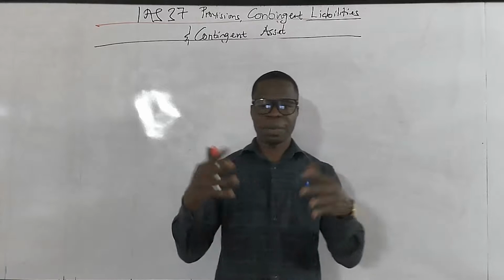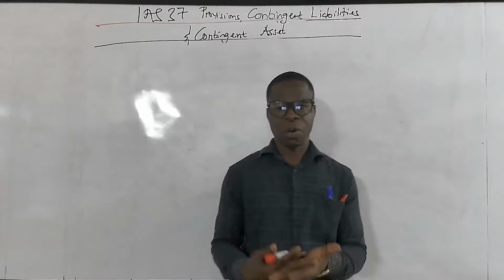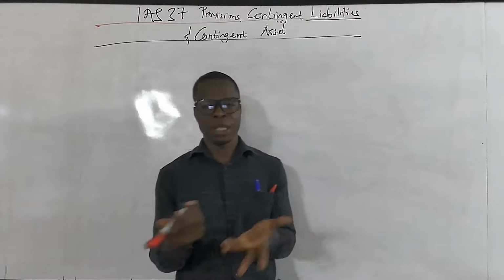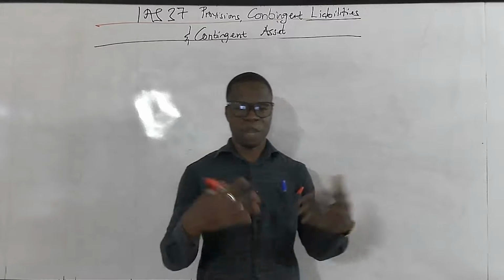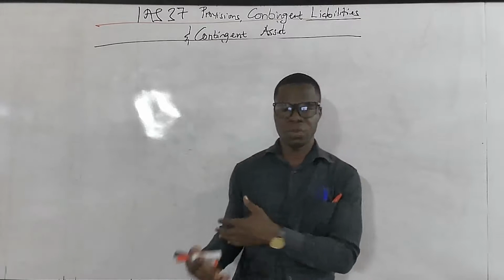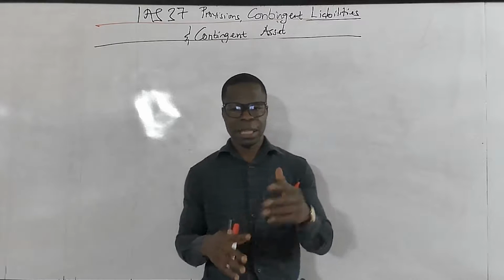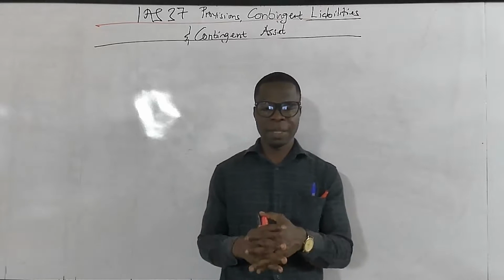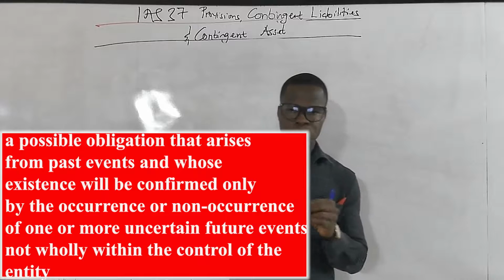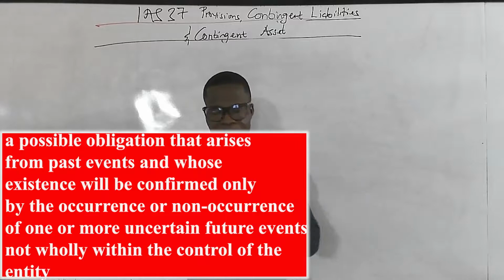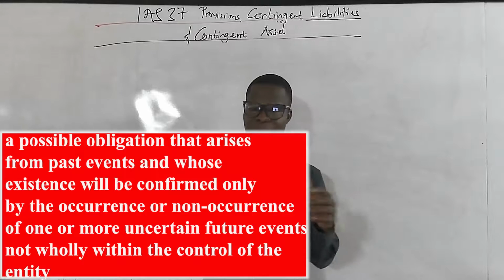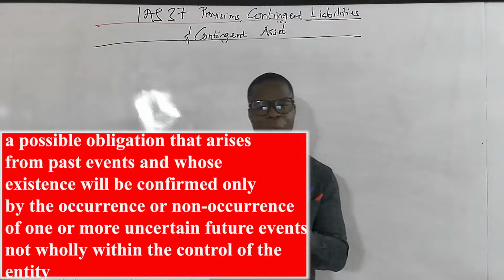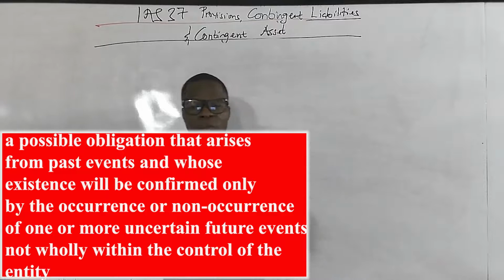Now, what is a contingent liability? Or what is a contingent asset? Once you know what a contingent liability is, probably you'll transfer your knowledge to establish the understanding of contingent assets. With contingent liabilities, we are saying that they are possible liabilities. Remember, when it comes to provisions, we are not looking at possible, we are looking at probable. But when it comes to contingent liabilities, we are looking at what?